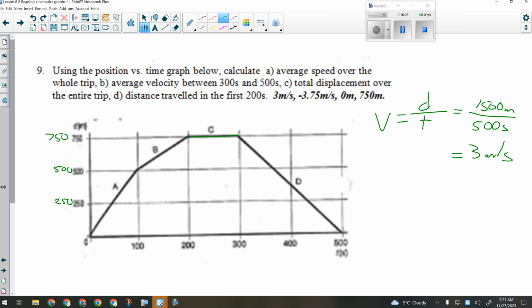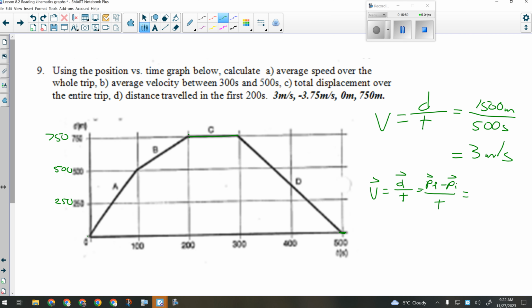All right. Average velocity between 300 and 500 seconds. Well, average velocity looks a lot like the last thing we did, except now direction does matter. So I would go final position minus initial position divided by time. That's how we calculate displacement, final position minus initial position. Those two things I can read off of this graph because it's a position versus time graph.